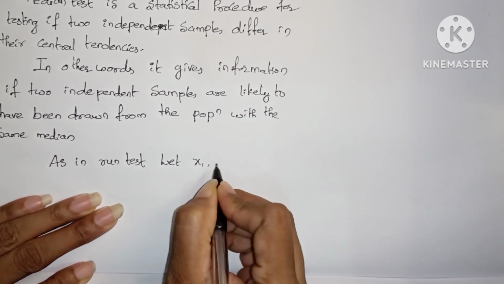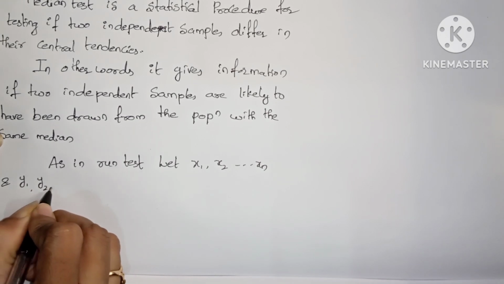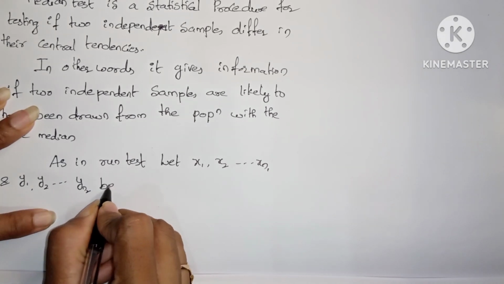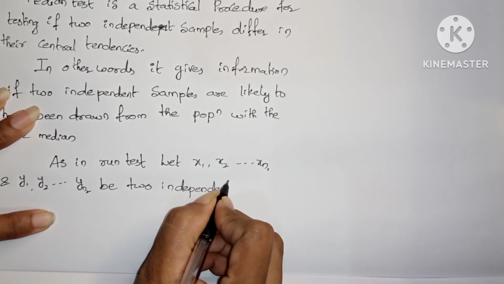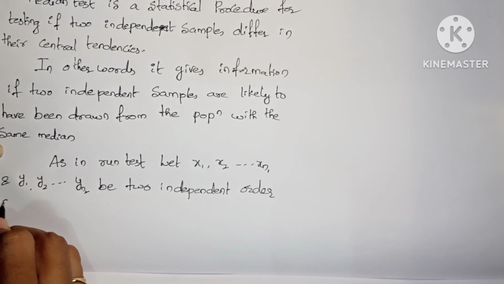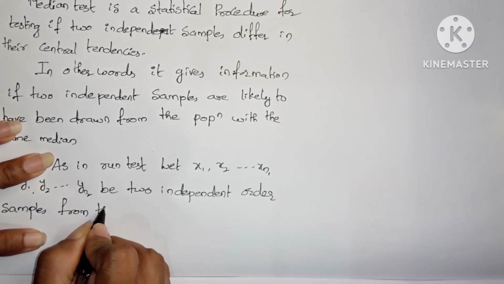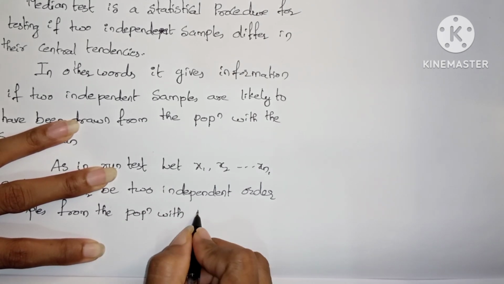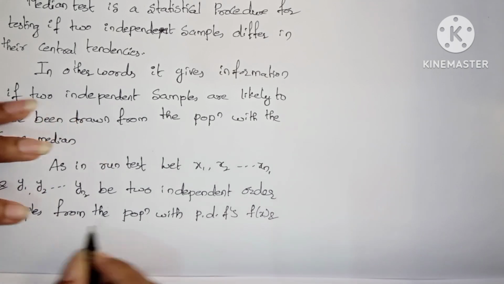Let x1, x2 and so on up to xn1, and y1, y2 and so on up to yn2, be two independent samples, or simply samples, from populations with probability density functions f of x and f of y.